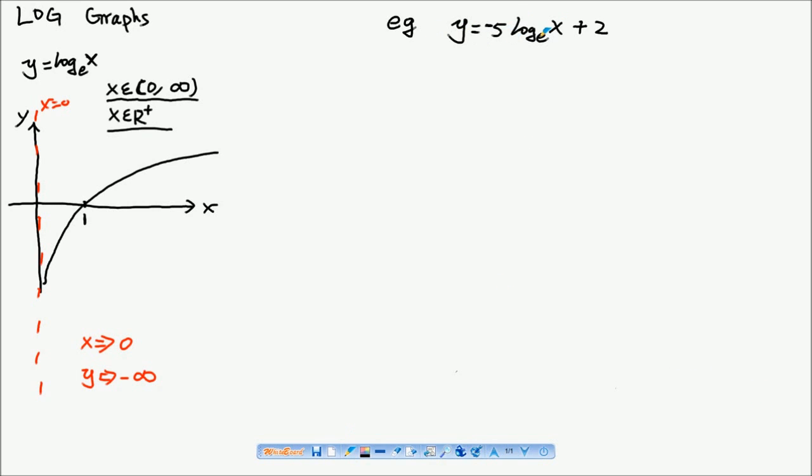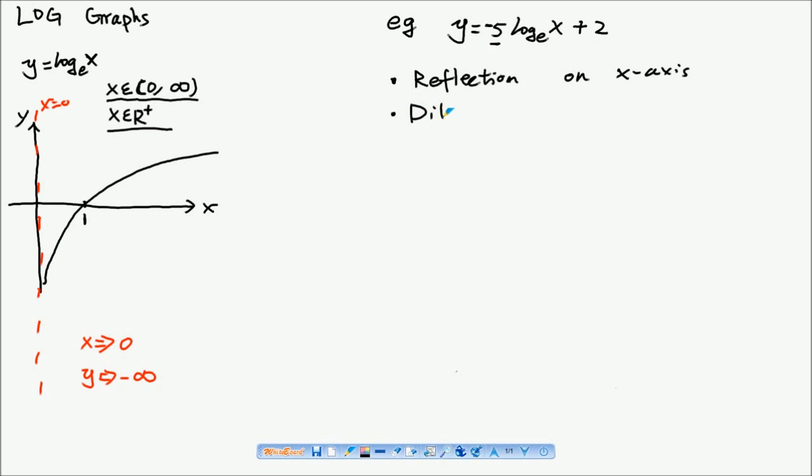First, let's describe the transformation of this graph. We have a reflection on the x-axis. Also, we have two dilations. Sorry, only one dilation.